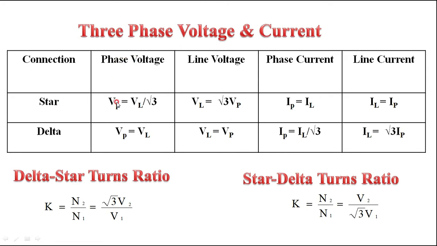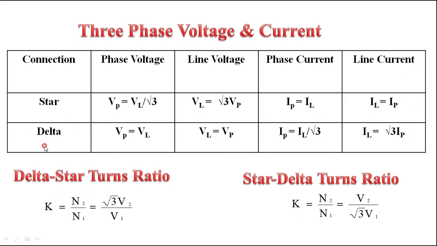We know that the phase voltage is line voltage divided by root 3, or in other words, the line voltage is equal to root 3 times the phase voltage. And in the case of star connection, the phase current is equal to line current. Both are the same.